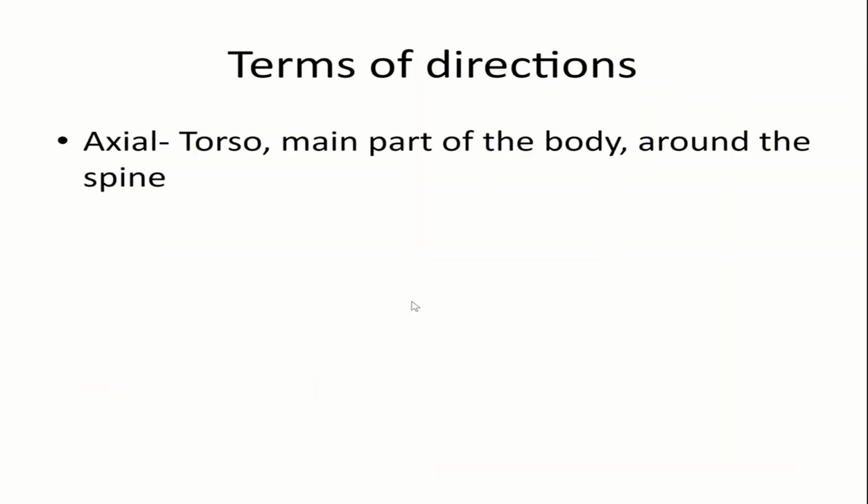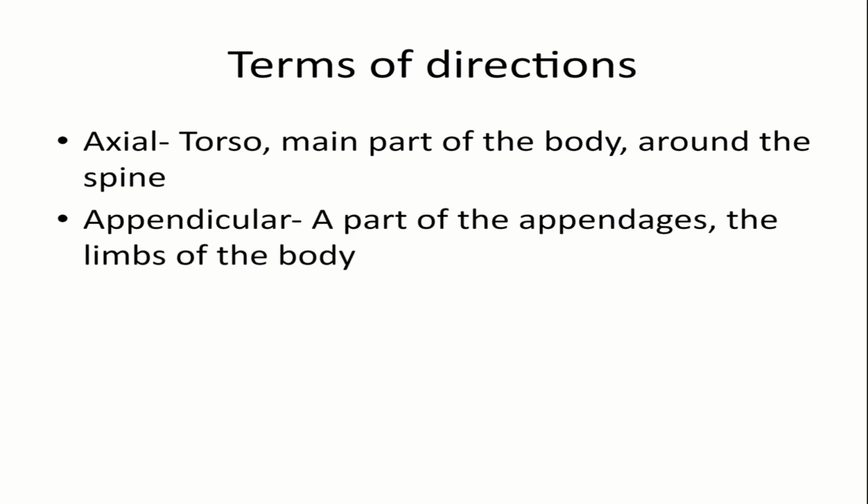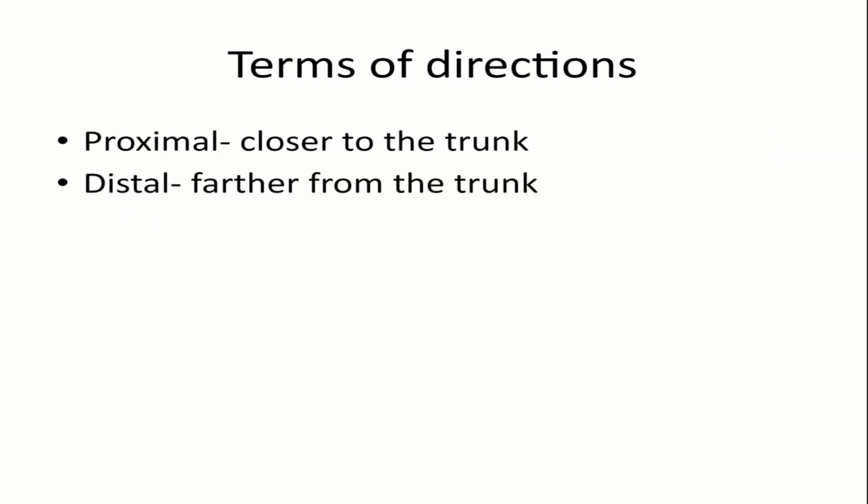So we also have axial, which is the center part of the body, the torso and the skull. But we also have appendicular, which is a part of the appendages or the limbs. Those would be your legs and your arms. We also have proximal and distal.